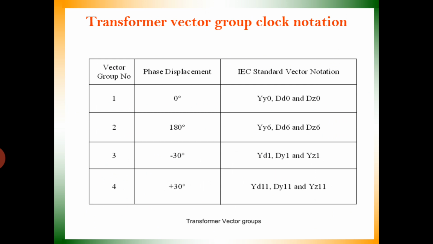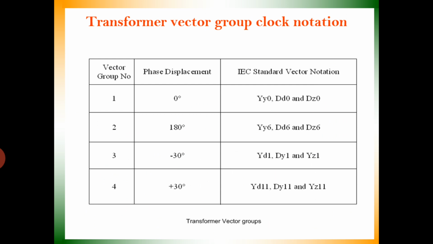Similarly, DD0 means first letter capital D, second letter small d, and third the numerical value 0. So obviously the high voltage winding is delta connected, shown with capital D. Again the low voltage winding is also delta connected, shown with small d. And 0 shows the phase displacement between LV and HV: there is no phase displacement. It is also called LV winding in phase with HV winding.